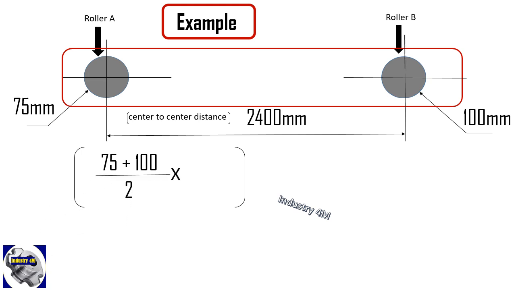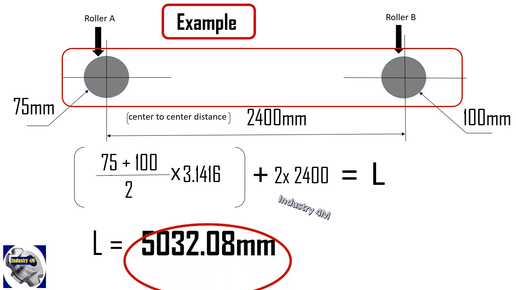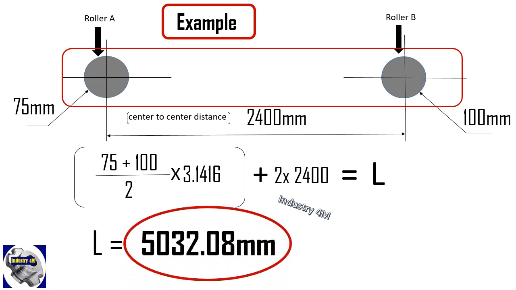And we are putting all these values in the formula. 75 is D1, 100 is D2, divided by 2, into the value of pi, which is 3.1416, plus 2L, 2 into 2400. And if you solve this equation, you will get the actual length, that is 5032.08 mm.